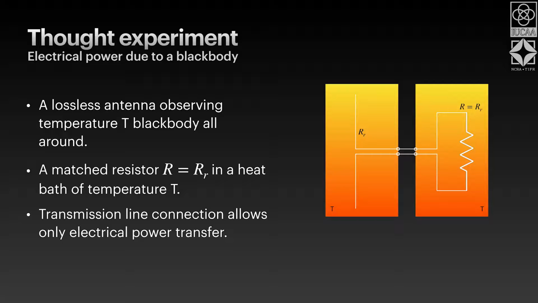Other than that, it does not have any other resistance. And it's surrounded by a black body, and the entire effective area is looking at a black body of uniform temperature T.